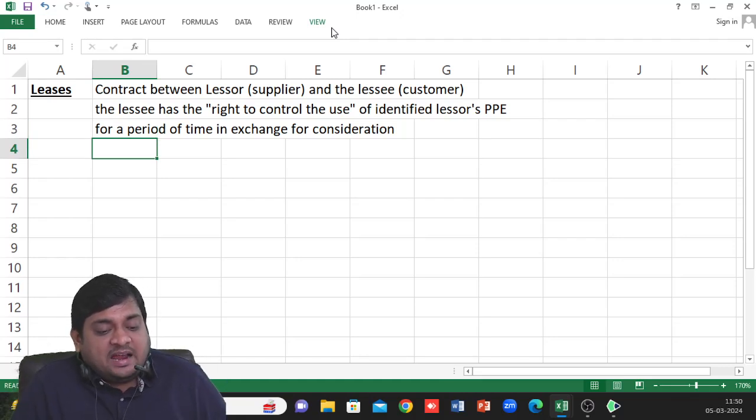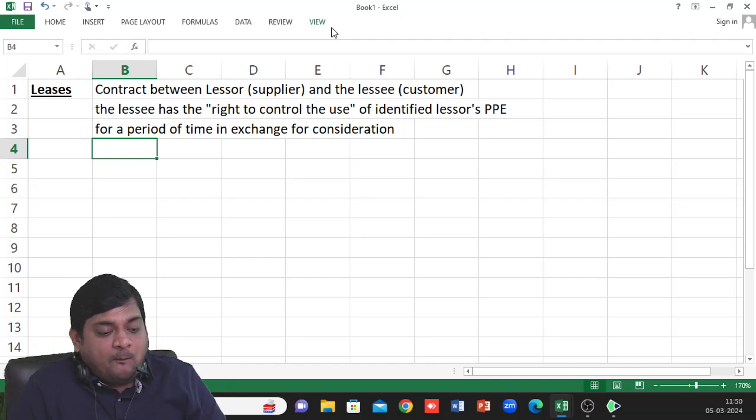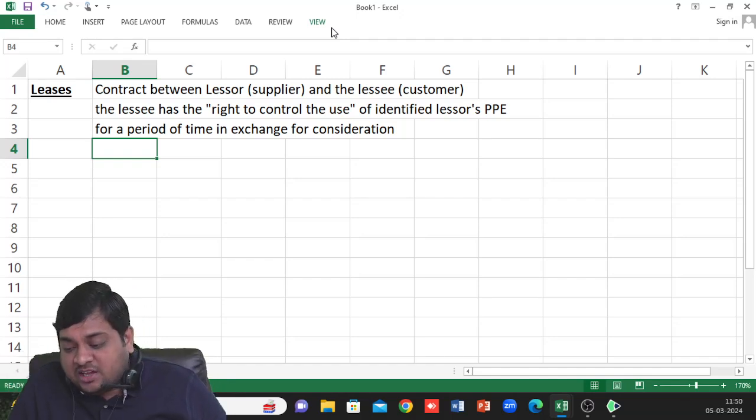The lessee has the right to control the use of the identified supplier's PPE for a period of time in exchange for consideration.